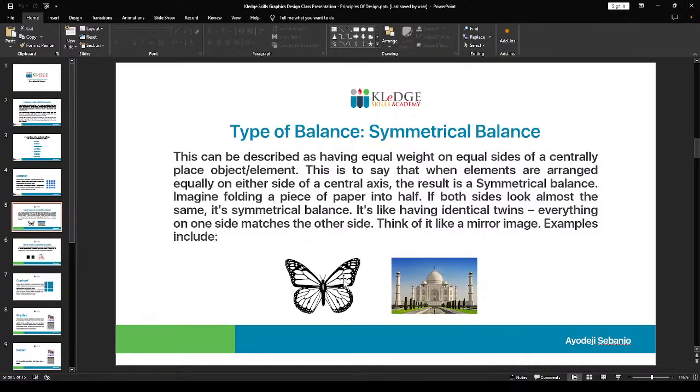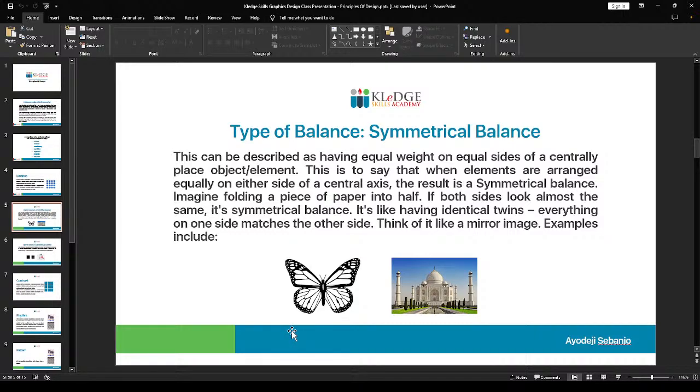The right wing is not longer, not shorter, not bigger than the left wing. So it gives the butterfly a balance to fly.